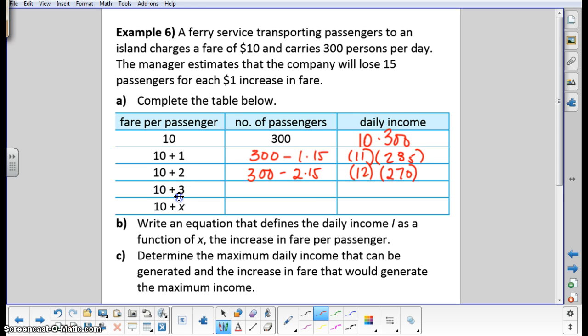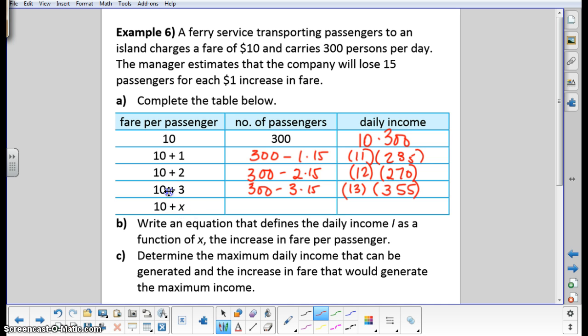If we add another dollar, then 300 minus, you guessed it, 3 times 15. So you can see the pattern coming down. And that's going to be 13 times, this is 45, so 300 minus 45 is 255.